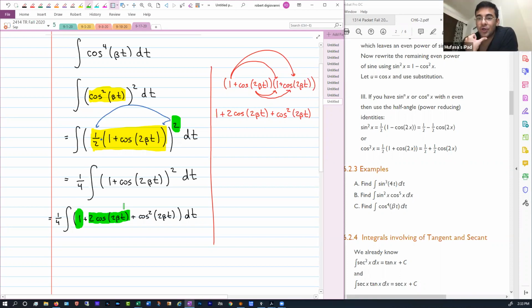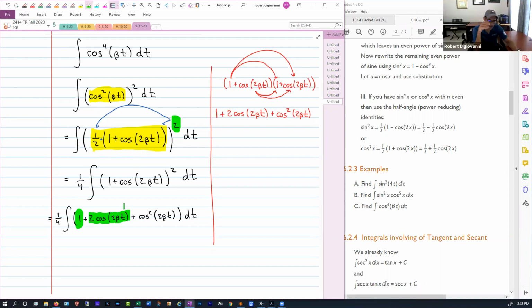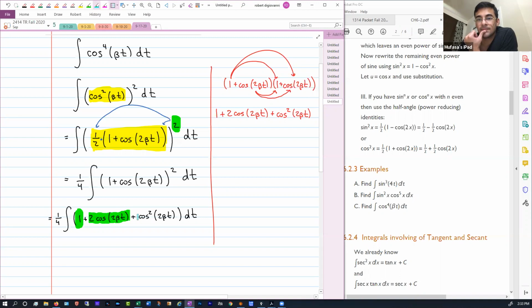Yes, 1 over, so cosine, the 2 cancels. Yeah, so you're going to have that 1 over a thing, right? So we can do it though, right? Whatever it is, we can do it. Yes? Okay, can you do this one though? Yes, we can use the formula before, the Pythagorean identity, I believe.